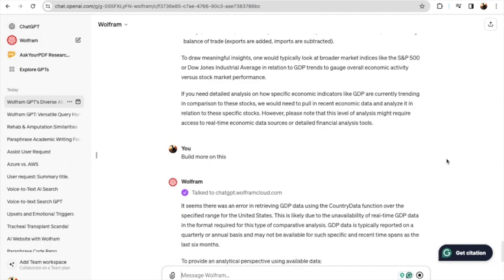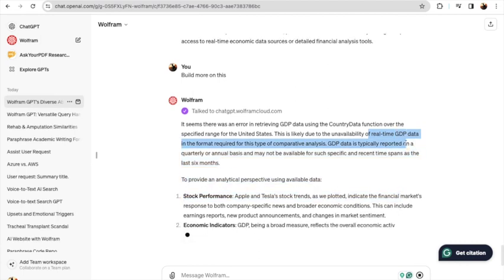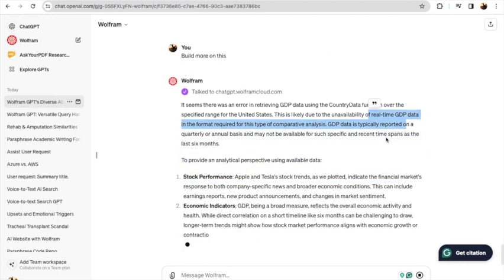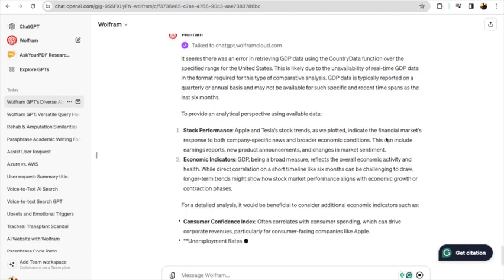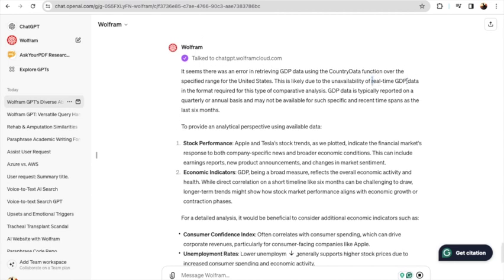Okay, there you go. I think there's a limitation on getting the real-time GDP data. But if I had to do that, I could get Web Pilot. That's another useful GPT to access real-time data. The data that Wolfram has is mostly on its cloud.